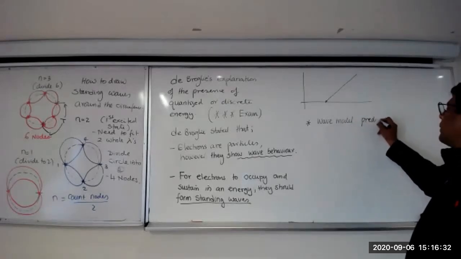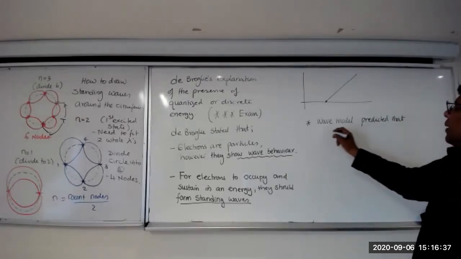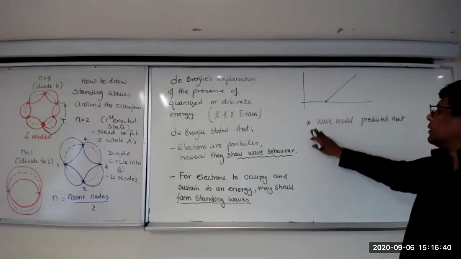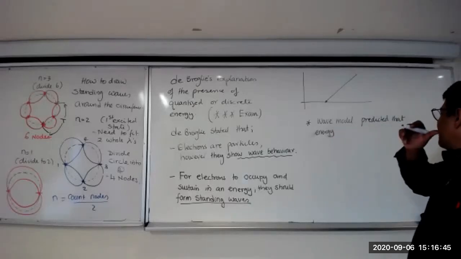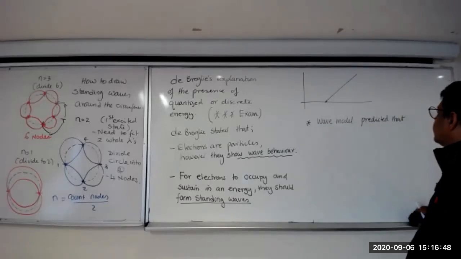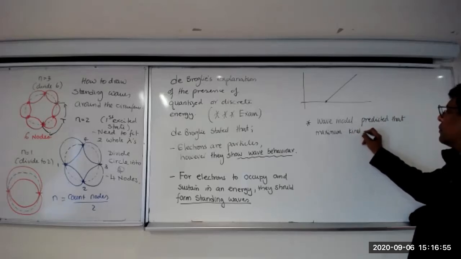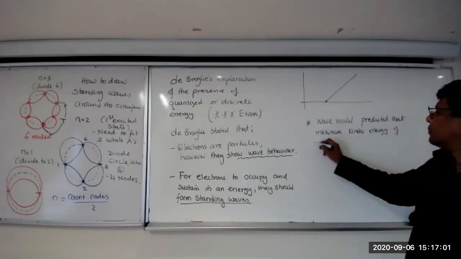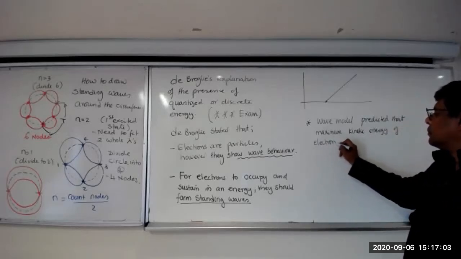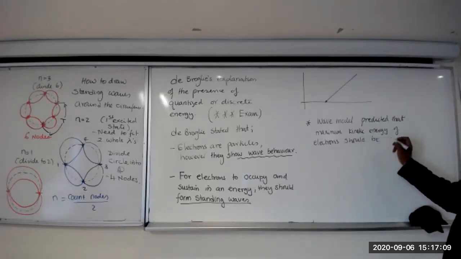The wave model predicted that the energy of the electron, or maximum energy, should be proportional to the intensity.